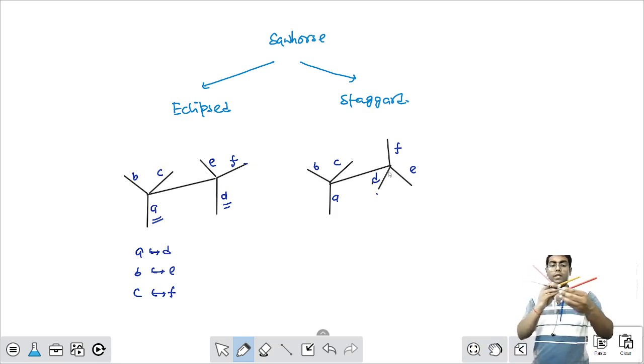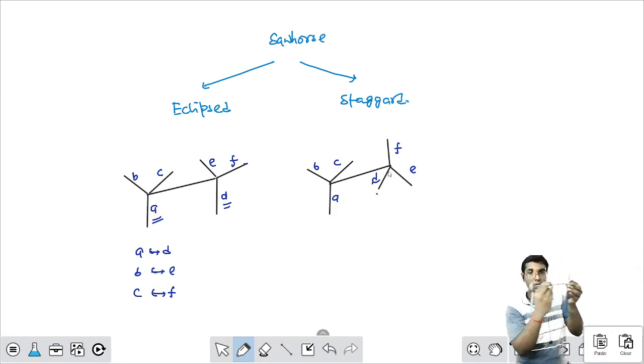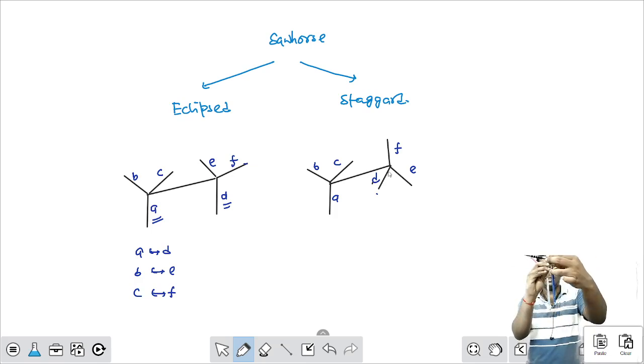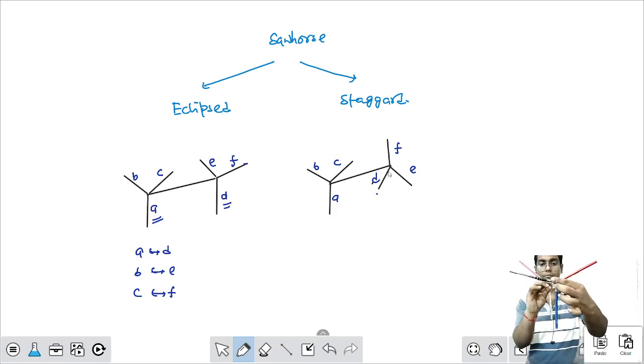So it was the eclipsed one. So two Y's, you can see two Y's, right? C1 and C2. Now all the bonds are just covering the back carbon, right? This one is in front of the orange one, this black one is in front of the pink one, and this blue one is in front of the sky blue one. So this is the eclipsed form.